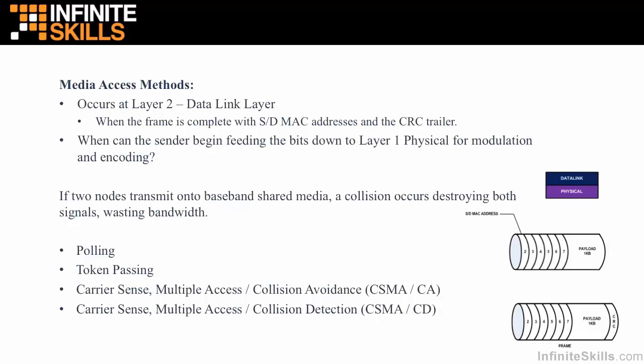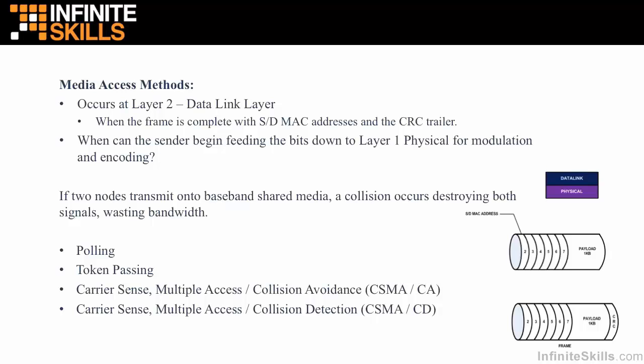Polling and token passing were called deterministic media access methods, because it is determined absolutely who's going to be transmitting, and there is no contention for the wire. There's no possibility of a collision on the media. So these were deterministic and contentionless media access methods. However, there's an awful lot of wasted time with these two different technologies for accessing the media.